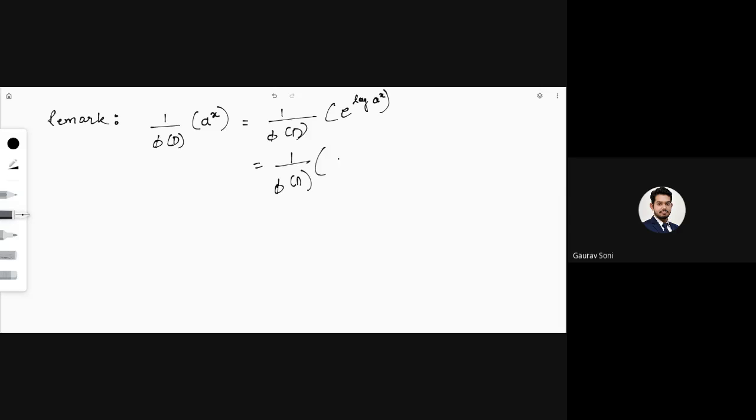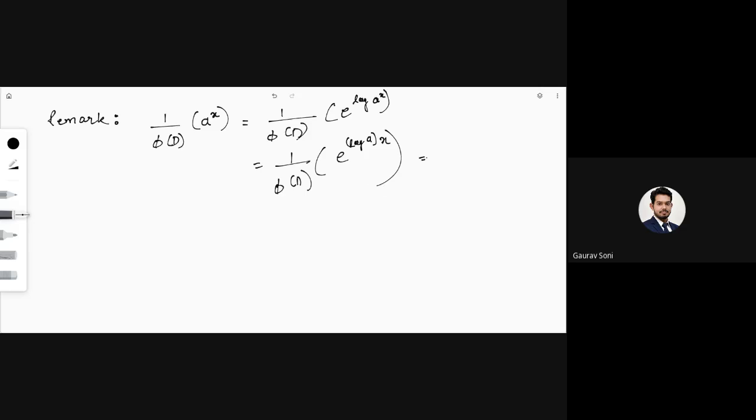Just a small remark before I go to the next case. The remark is: 1 upon phi of D, a raised to x is equal to 1 upon phi of D, e raised to log a raised to x, which is also written as 1 upon phi of D, e to the power log a into x.